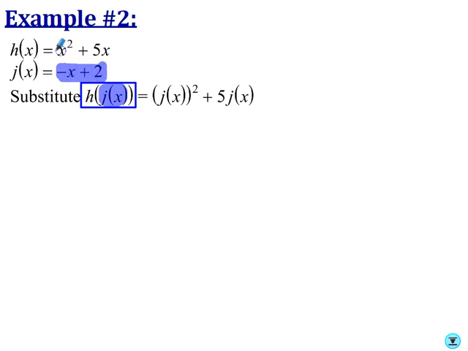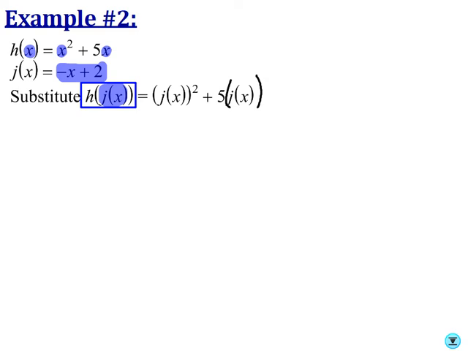And I'm going to do that in the h of x function everywhere I see an x. So remember, also in mathematics, we like to perform safe mathematics, and notice that there are parentheses around that j of x. There should be one also right here. That is an ugly parenthesis. That's not getting any better. We'll go with that. You get the point.